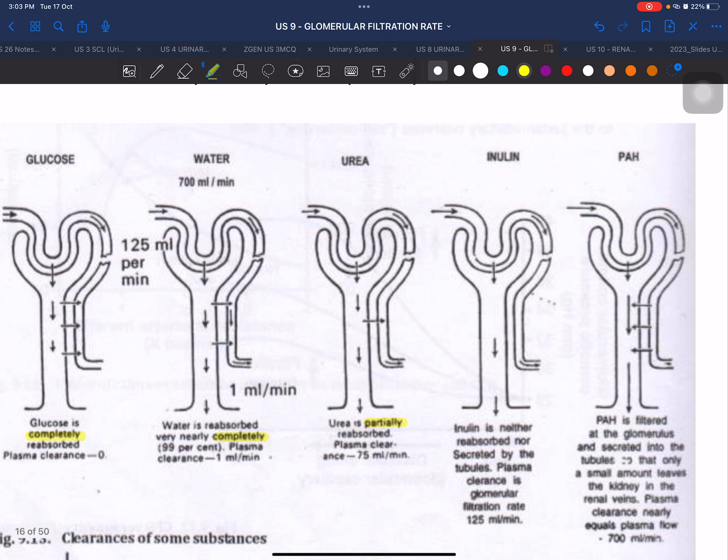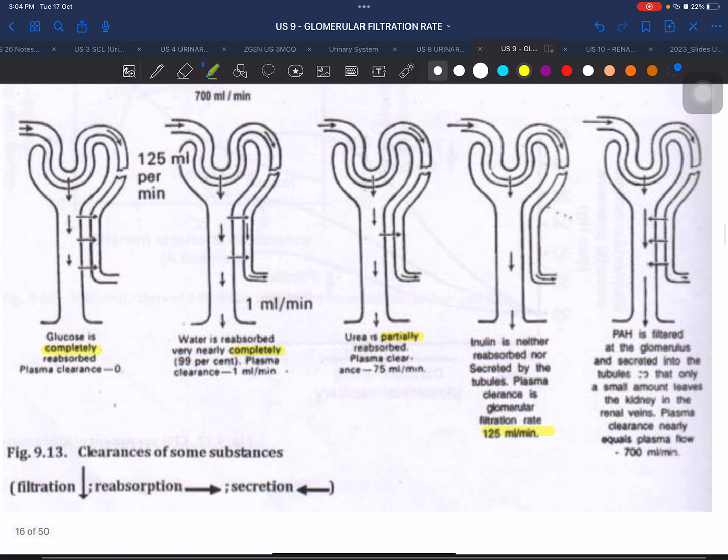Everything filtered is excreted. So the plasma clearance can represent the GFR. The normal rate of GFR is usually 125 ml per minute. So the clearance of inulin equals the GFR, which equals 125 ml per minute.